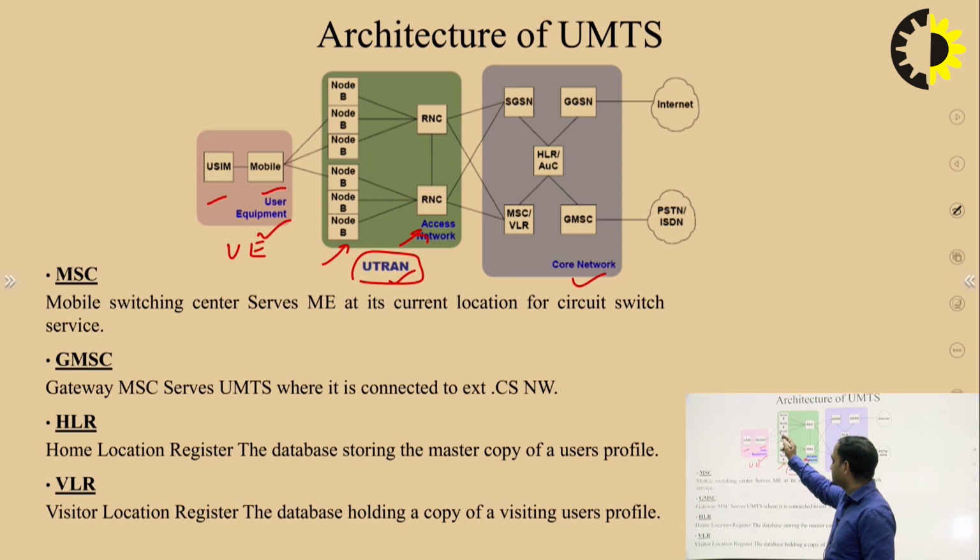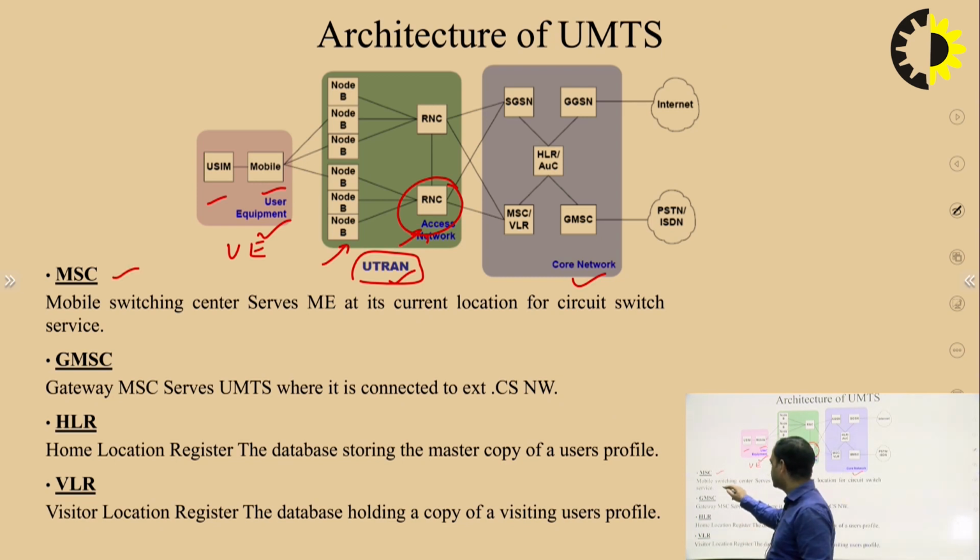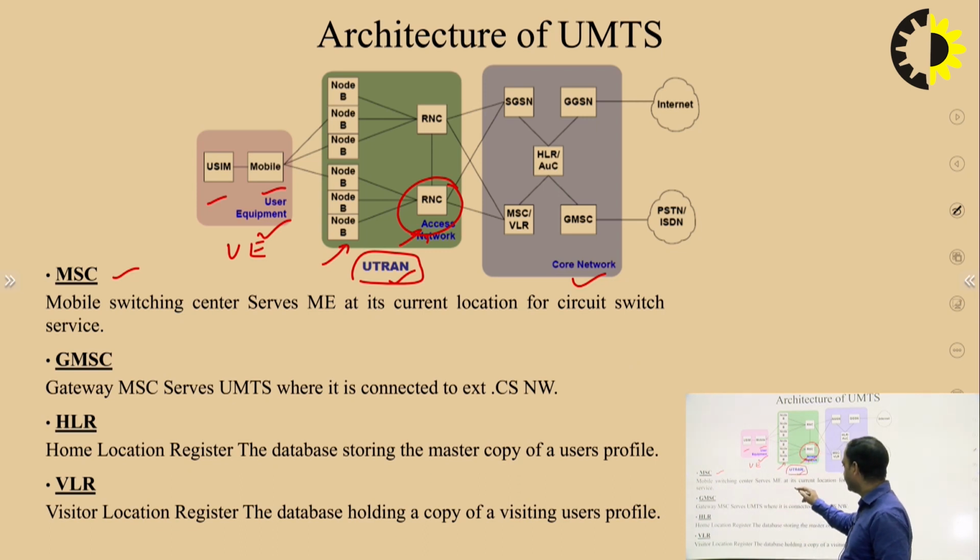That is why we call it the Node B, where the complexity of the signal processing is there. The Node B serves many user equipments, and these Node Bs are controlled by the RNCs, the radio network controllers, and these RNCs are controlled by the different MSCs, SGSNs and so on, right. So what are the basic terminologies used here? MSC is the mobile switching center, which serves the ME at its current location for the circuit switch service.